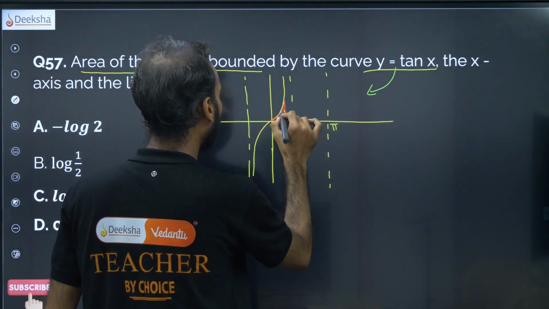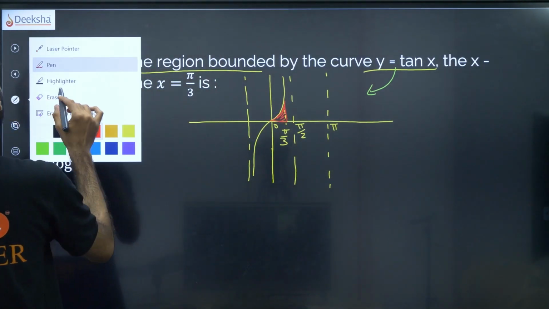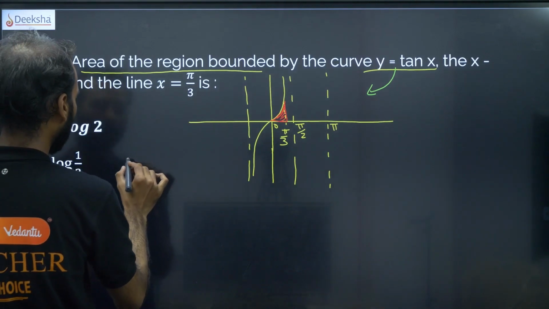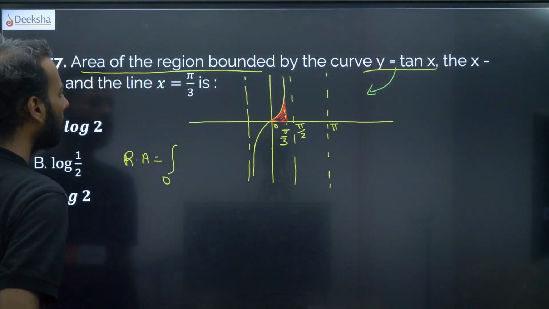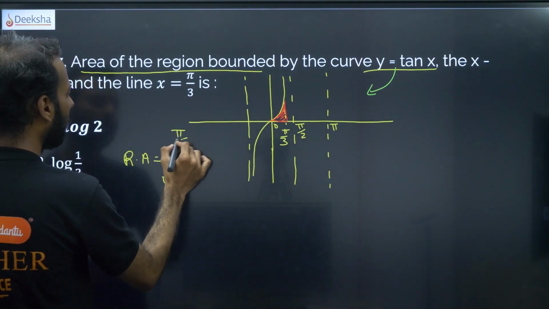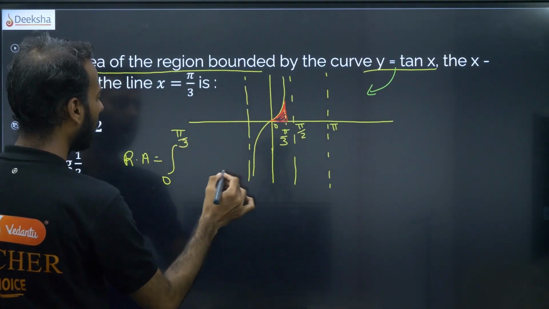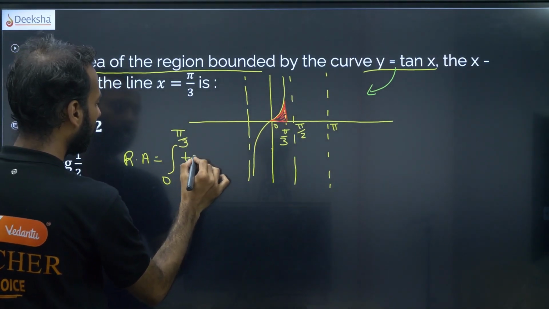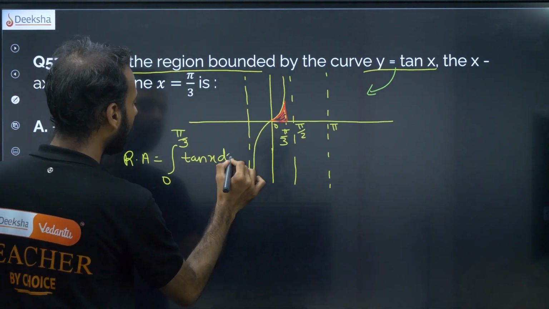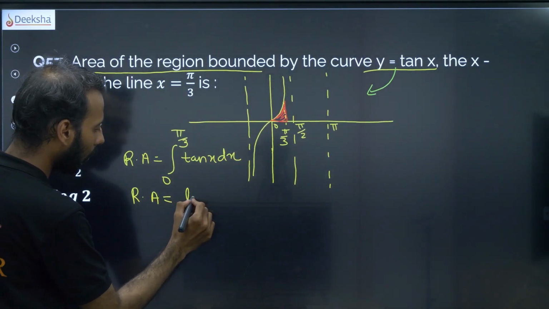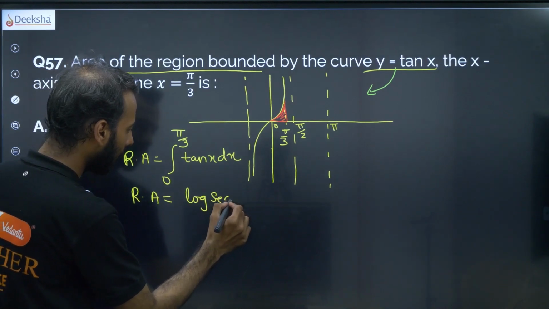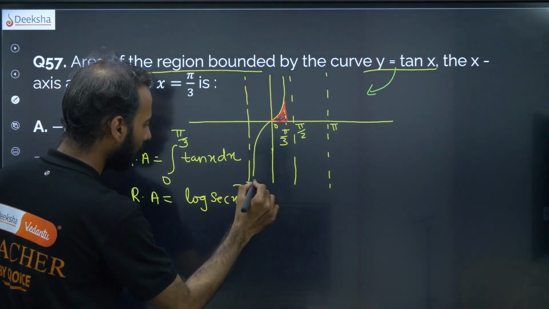So the required area is equal to the integral from 0 to pi by 3 of tan x dx. So the required area is equal to log of secant x from 0 to pi by 3.